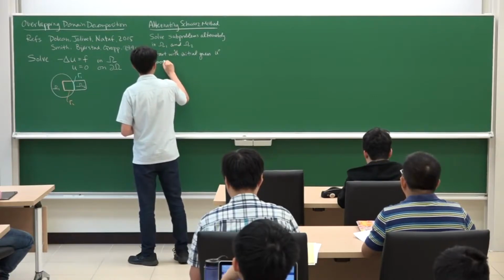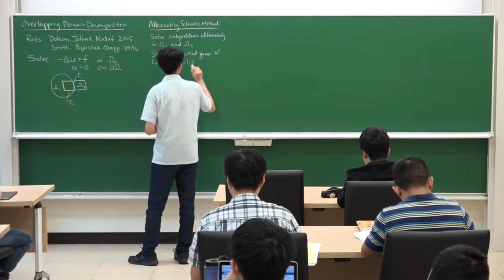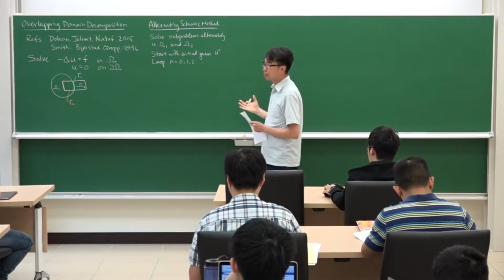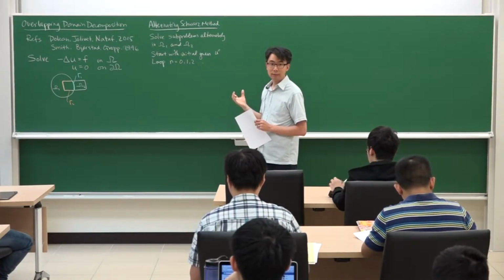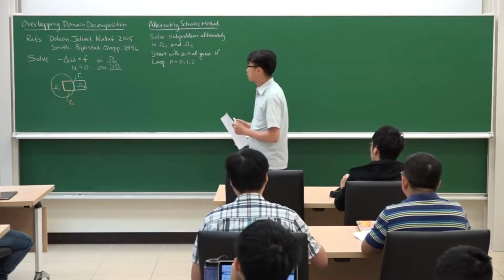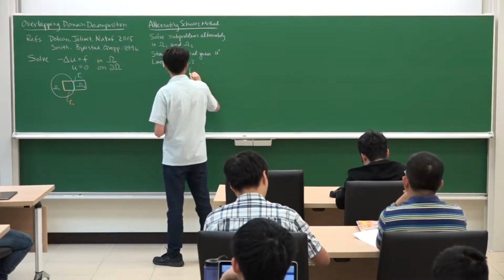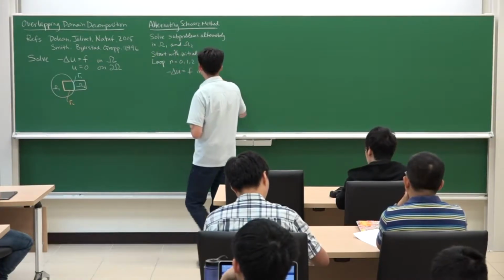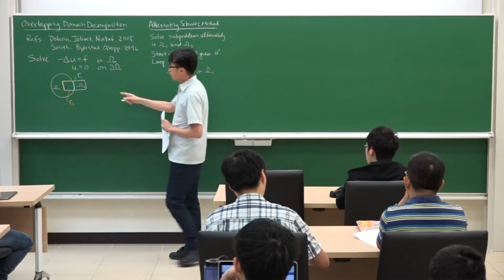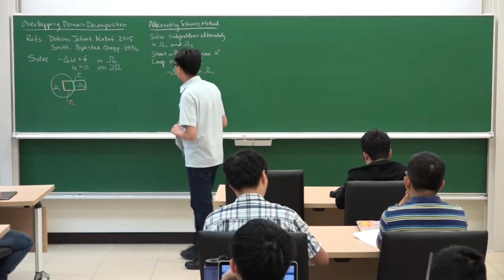So this is very similar to yesterday. Let's say n equals 0, 1, 2 until convergence. Okay, and now I'm going to write down the Dirichlet boundary value problem for the first subdomain. So in the first subdomain, it has the regular boundary conditions from the original problem.